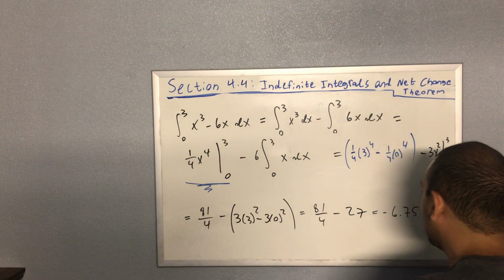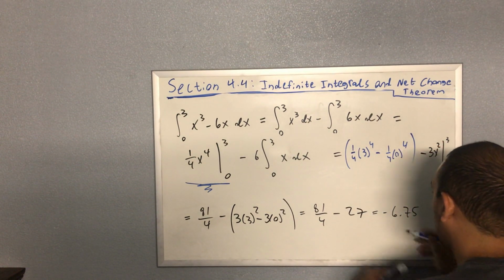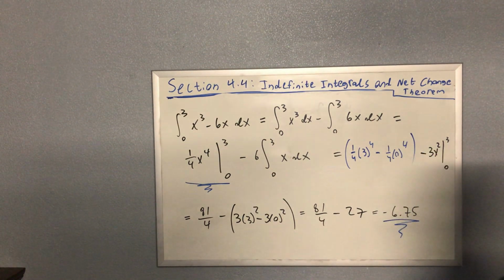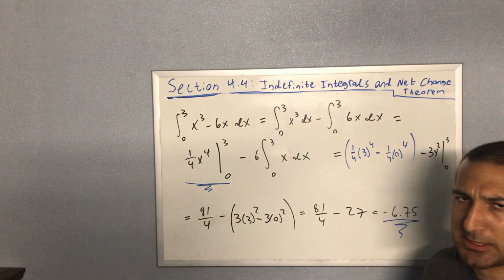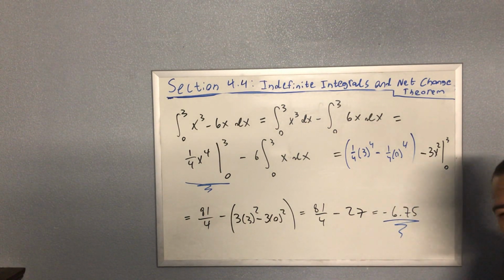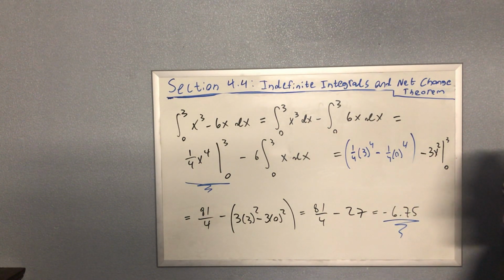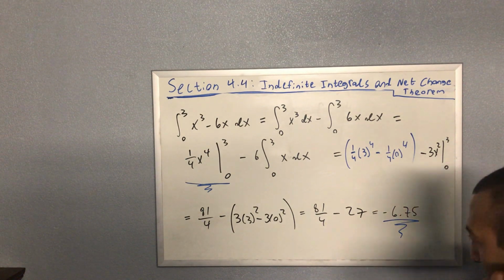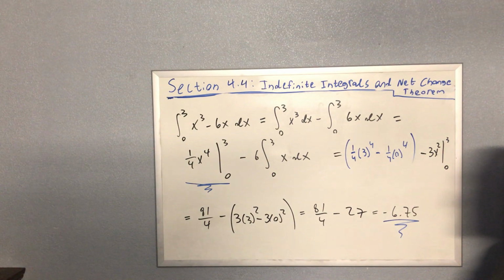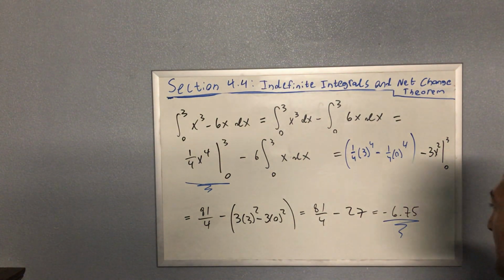So this is the exact answer, in which we got a pretty decent approximation using, I believe it was 6 rectangles. And I think we used the midpoint maybe? Yeah, I think we used the midpoint, so we had 6 rectangles. But this is the exact answer. You can compare that to the approximate one that we got.